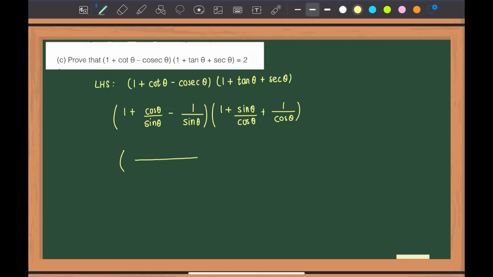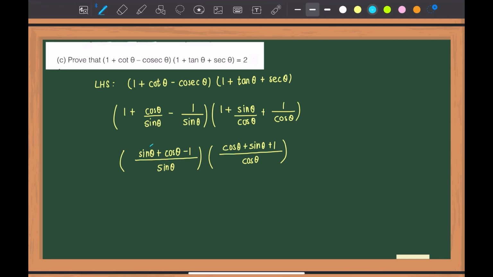What I can do is take the overall LCM. If I take the overall LCM as sin theta, this can be written as sin theta plus cos theta minus 1, and over here, if I take cos theta as the LCM, I can write cos theta plus sin theta plus 1. Now we are stuck over here. What to do next? All we have to do is visualize carefully.